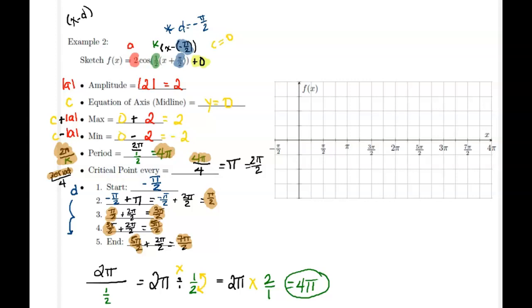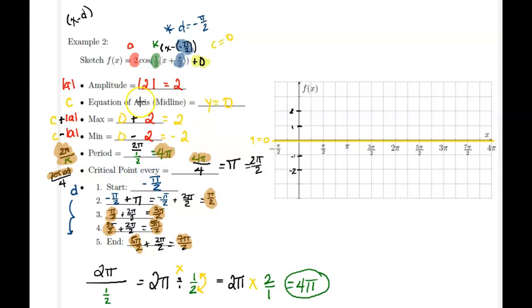So let's take a look at what we've got on our graph. First up, I'm going to plot my equation of the axis, which is going to be at 0, right here. Next, I need my maximum and my minimum. Well, I haven't set my scale yet, so let's do that. Let's make this 1 and that 2, so this is -1 and -2.